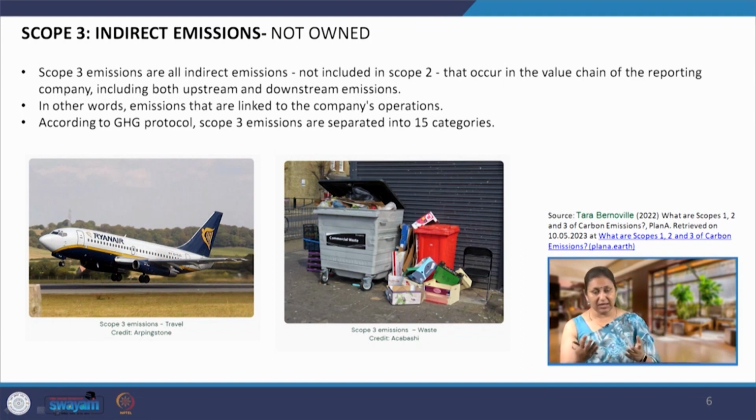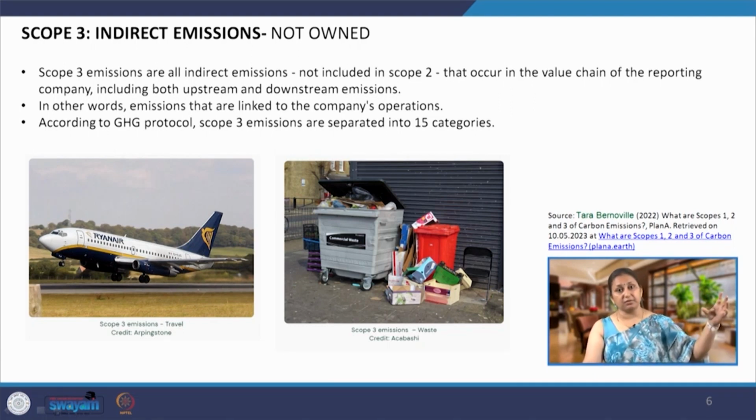Again, let me give you an example of, say, a garment factory or maybe a food processing factory. Here in my factory I might be processing food, for example, making bread. The raw material for that bread is wheat flour, which is coming from somewhere. It might be milk, or oil, which is coming from somewhere.